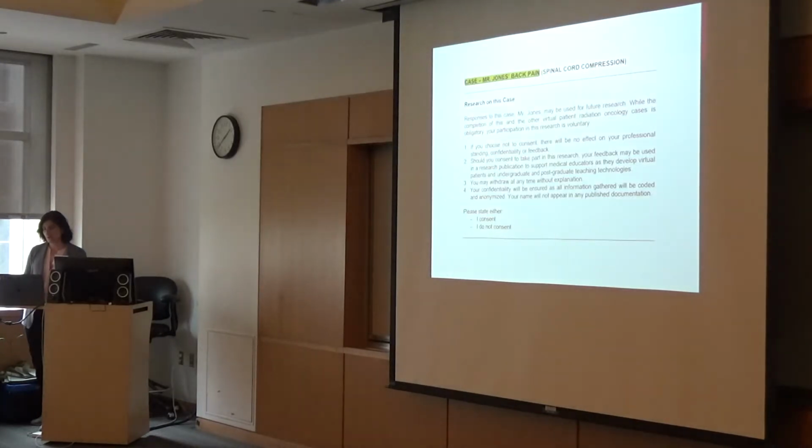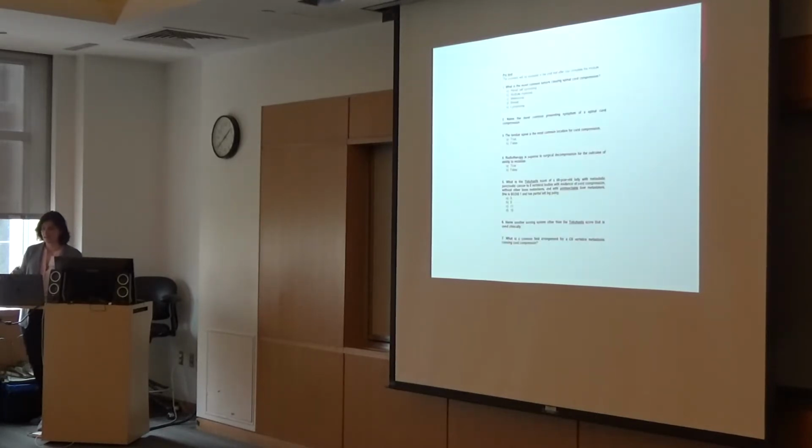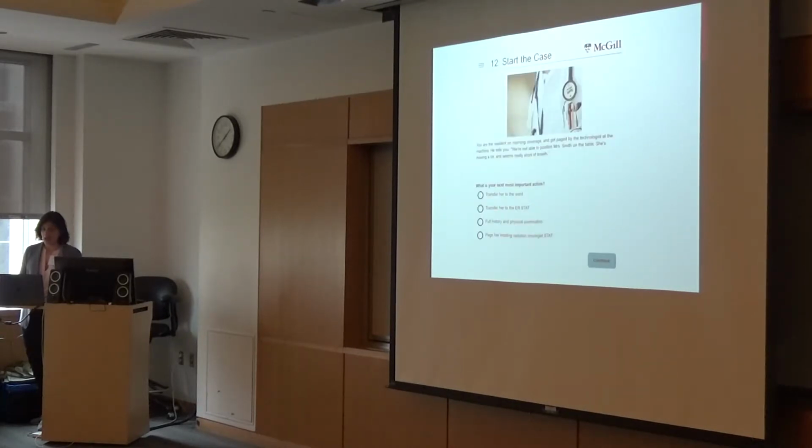For our cases, we knew we would likely use scholarship around it, so we got IRB approval, and each case starts with a consent form and a pre-test and ends with a post-test. There's currently an illustrator trying to make the cases a little bit more authentic, but this is just to give you an idea of the types of questions.